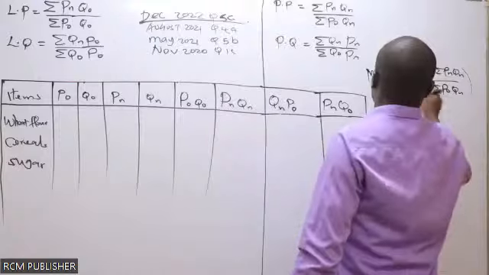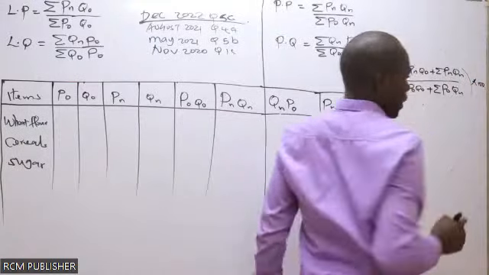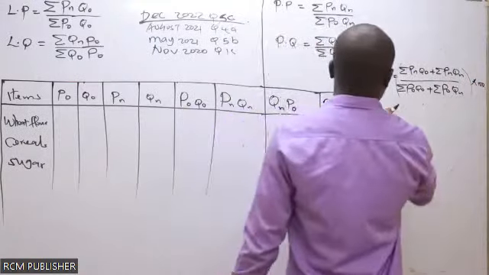What we get here is what I'm going to multiply by 100.